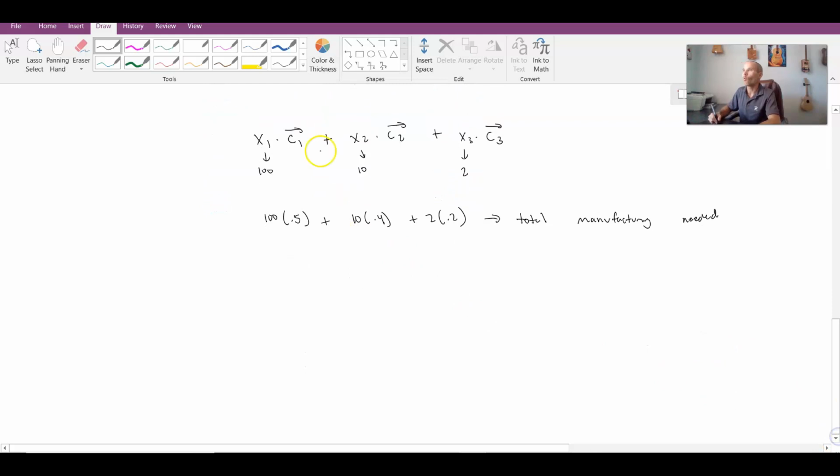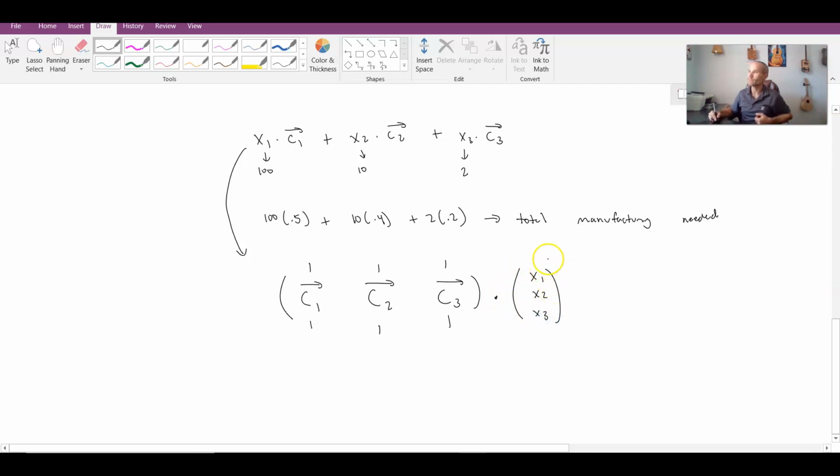And so when I take this product right here and I see that this is a scalar sum of 3 vectors, I realize that I could write this as a matrix containing C1, C2, and C3. And these are going to be 3 columns inside of this matrix here, multiplied by the vector containing x1, x2, and x3.